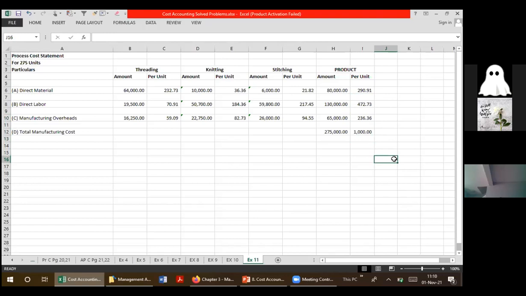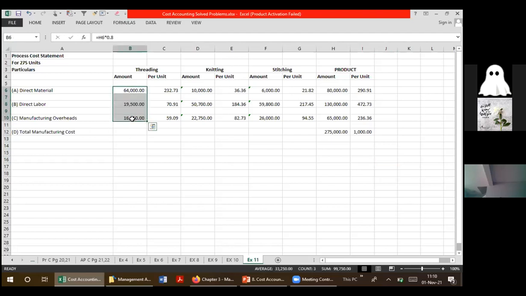Now we get to per unit for the different processes.